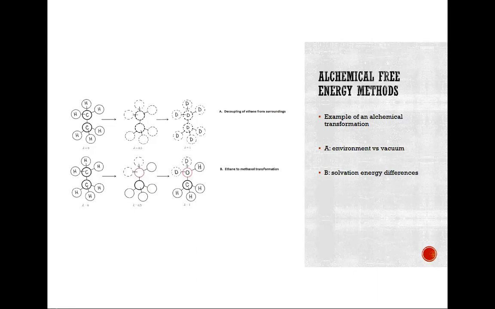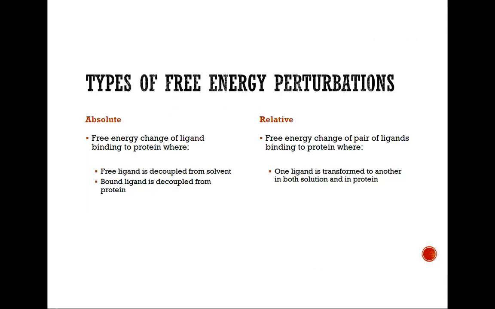Or you can change a molecule from, let's say, ethane to methanol, and this can give you maybe solvation energy differences. So you can get all this information by just replacing a couple atoms with these non-interacting atoms and decoupling it. And so they do this. Next slide, please.